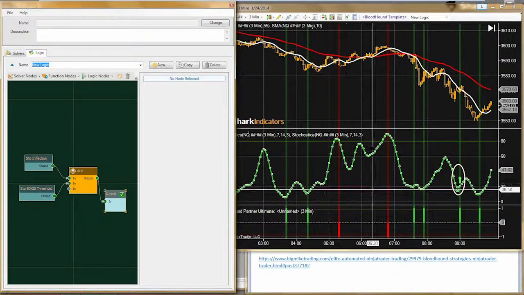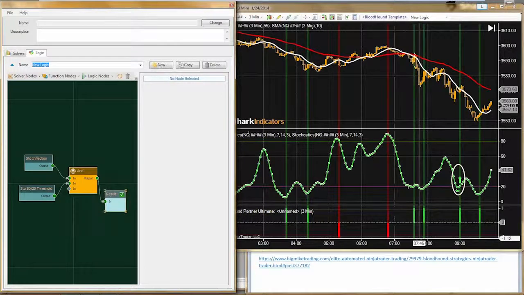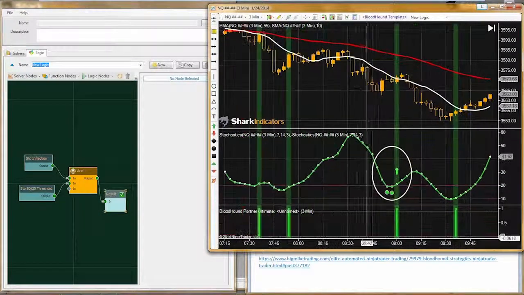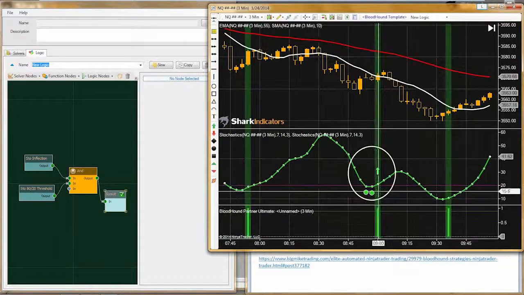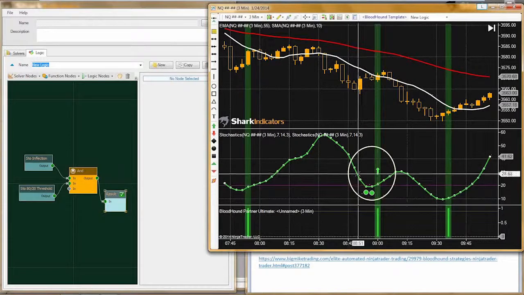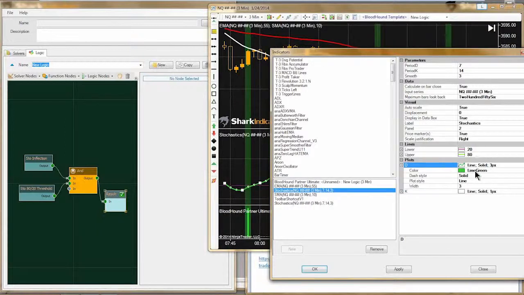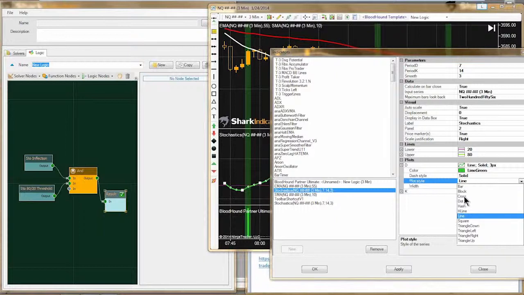My point of building this whole system for you was to illustrate how sometimes putting these dots on there can really help. Or you could simply take the one indicator, and I could have just changed this to a dot.